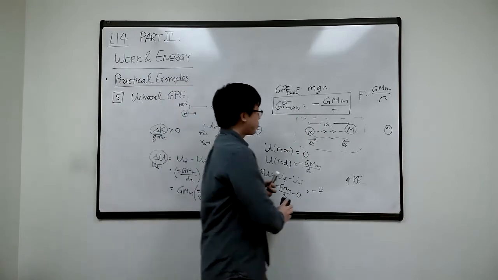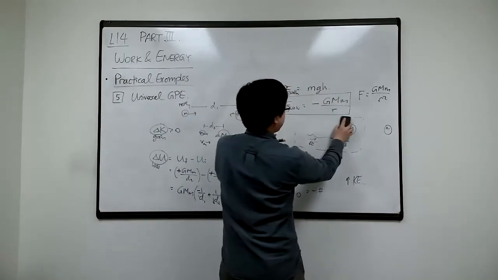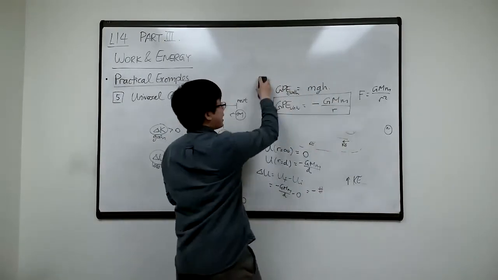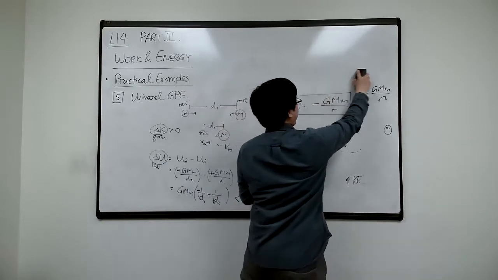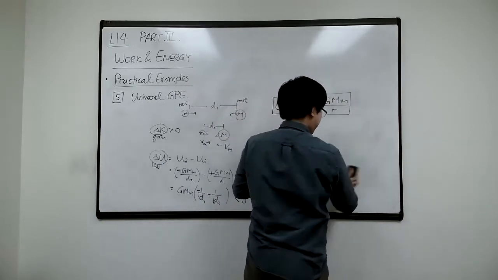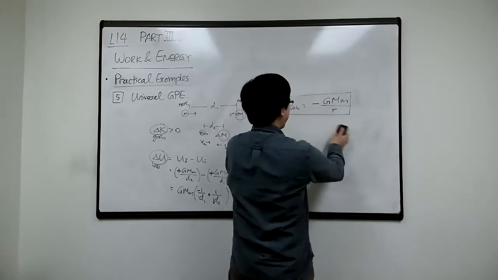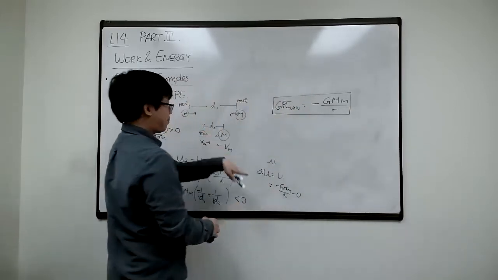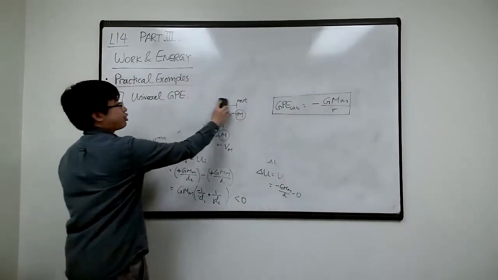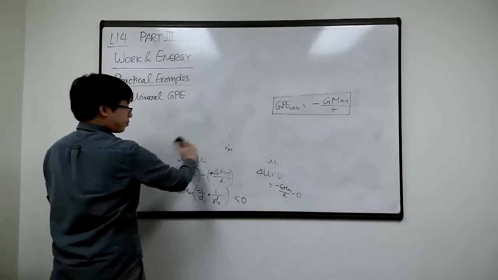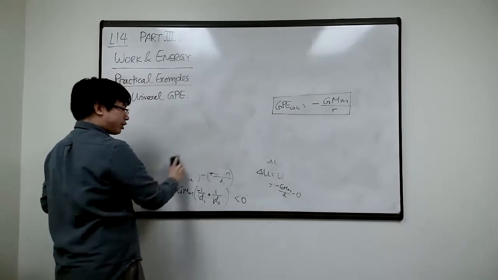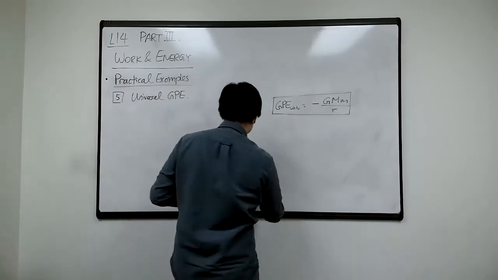Let me erase this and keep this formula. In the next lecture, we'll talk about where this formula actually comes from, as well as the MGH for the terrestrial version on Earth. But for now, let's just assume we know that fact.